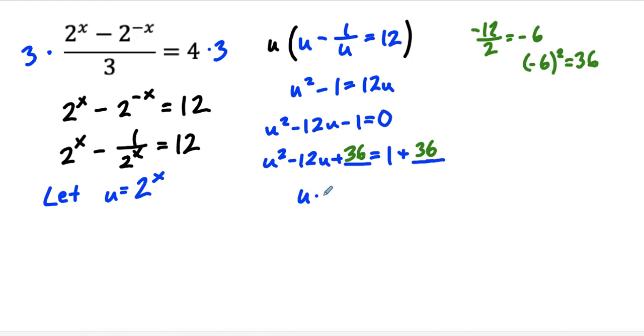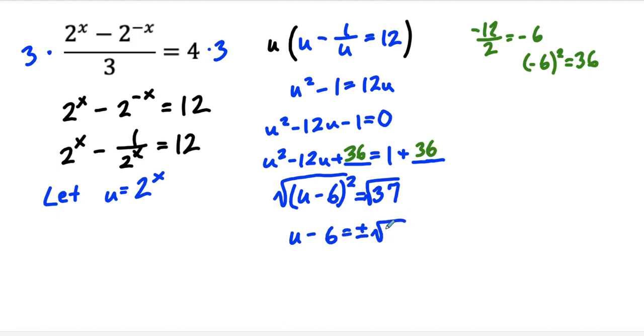And now I'm going to have u minus 6 quantity squared, because that's what this would simplify to, equals 37. And I'm going to take the square root of both sides. When I do that, I have u minus 6 equals plus or minus square root of 37. And that means that u equals 6 plus or minus square root of 37.